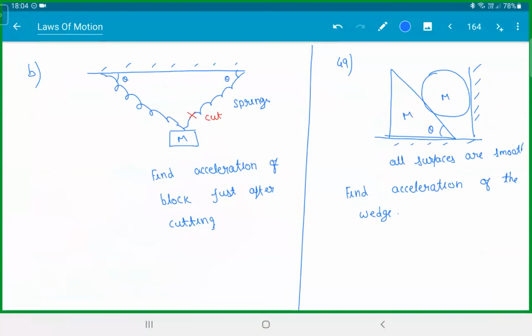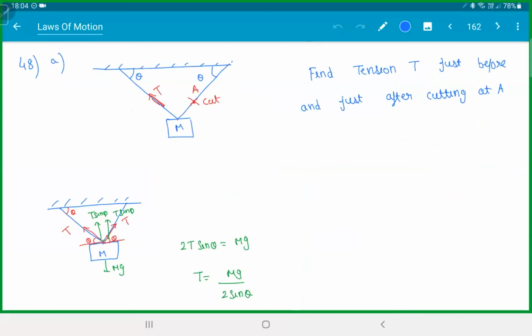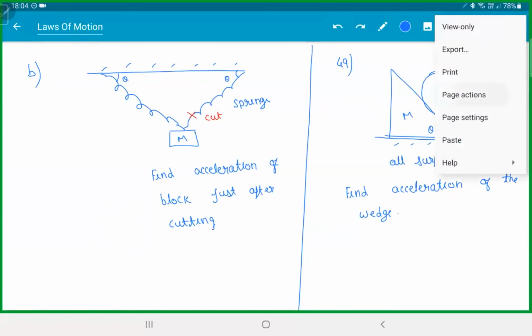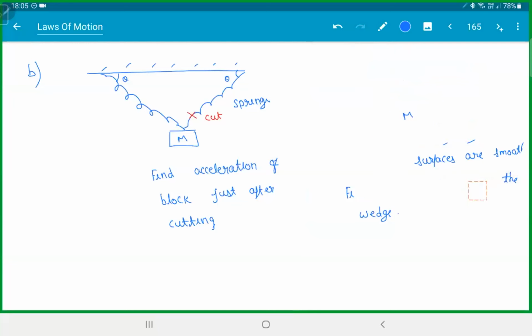Hope everyone tried the two homework problems. What is the answer for this? Others?